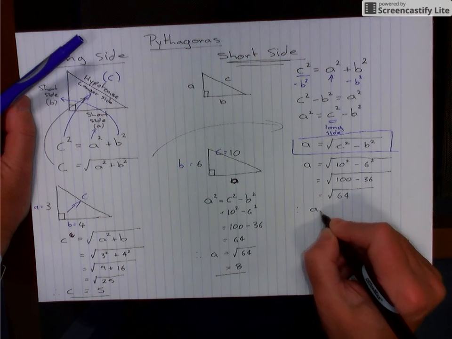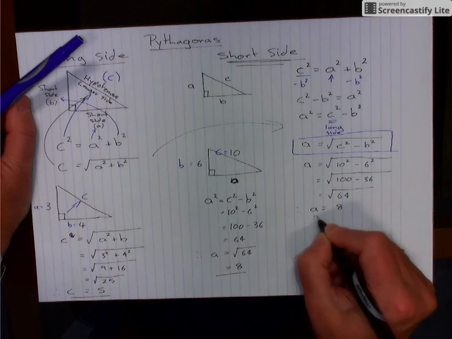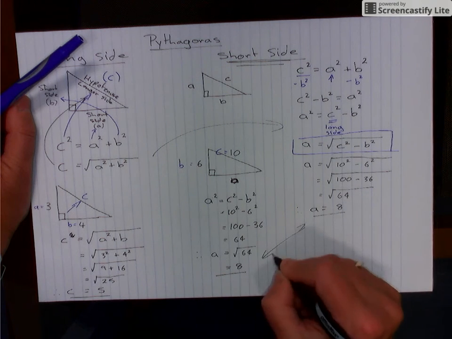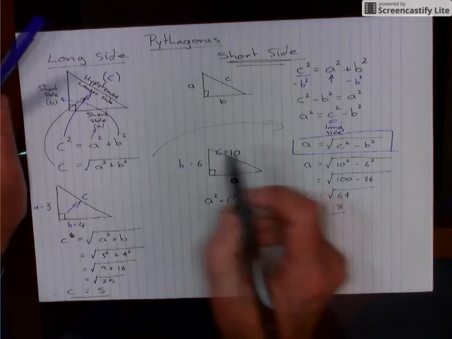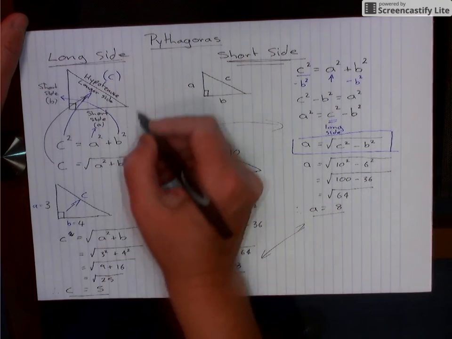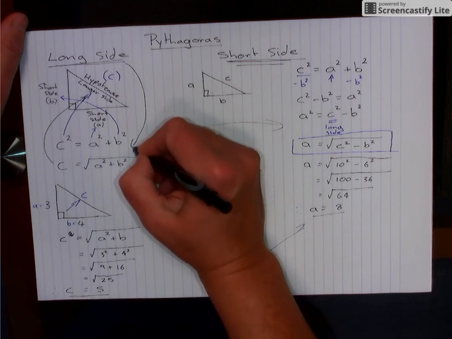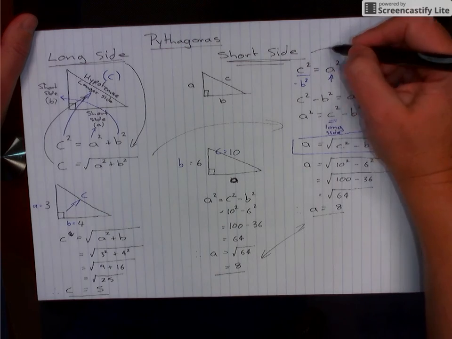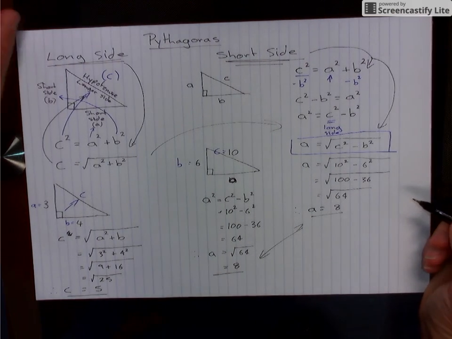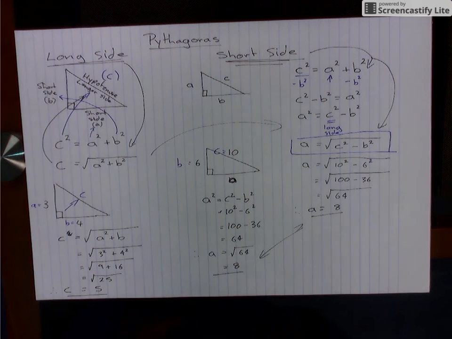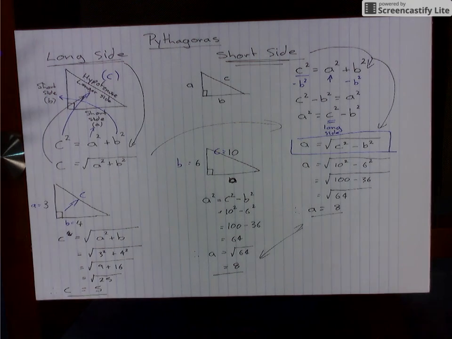Therefore, A equals 8. Same answer, just a different way of solving it. Okay, so this is the formula for the longer side, and these are the formulas for finding the short side. Okay, good luck with that, and have a go at some questions.